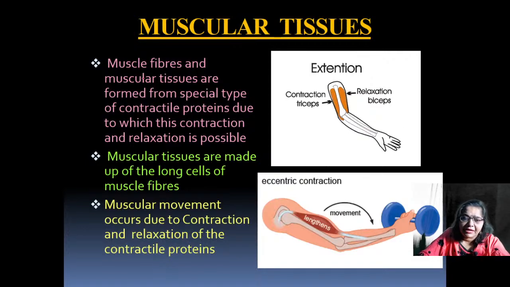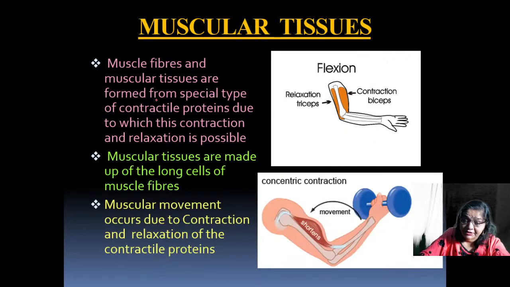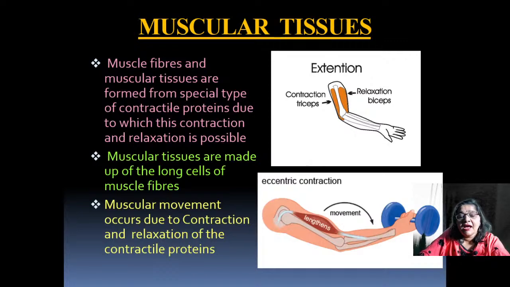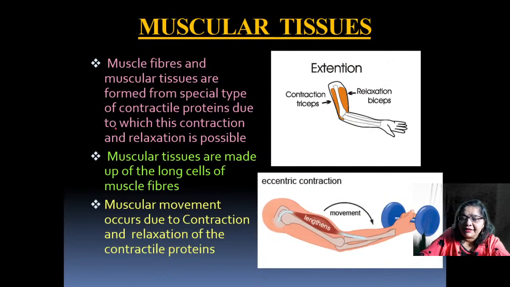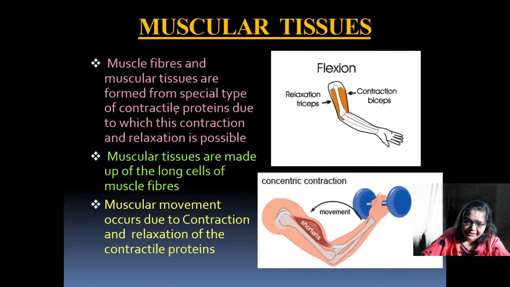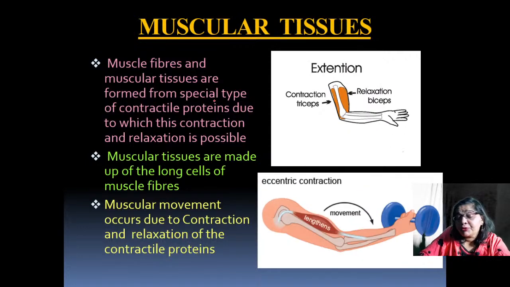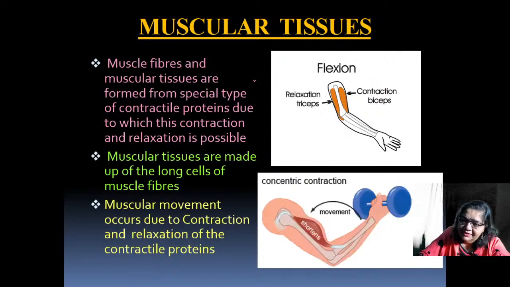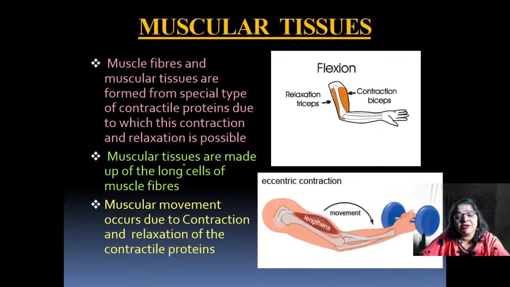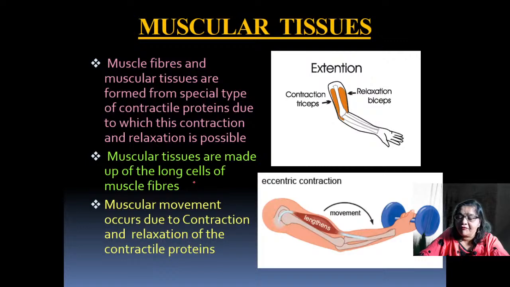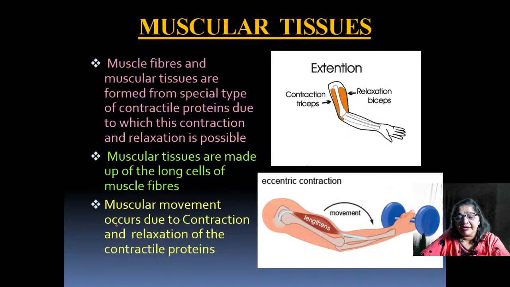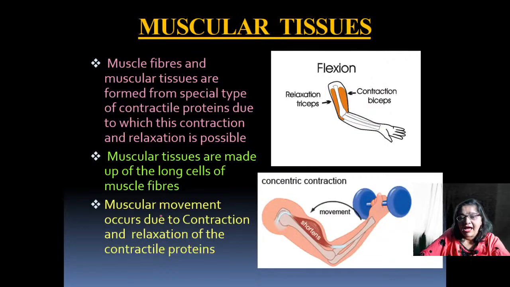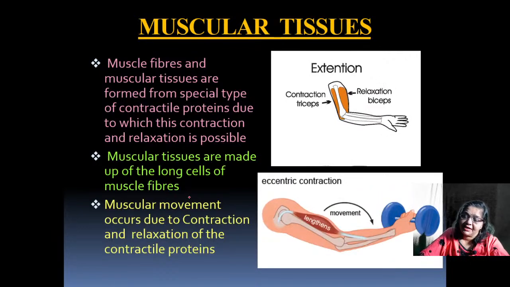The muscle fibers and muscular tissues are formed from a special type of contractile proteins, like the actin proteins, due to which this contraction and relaxation of muscles is possible. The muscular tissues are made up of long cells of muscle fibers, and the muscular movement occurs due to the contraction and relaxation of these contractile proteins.